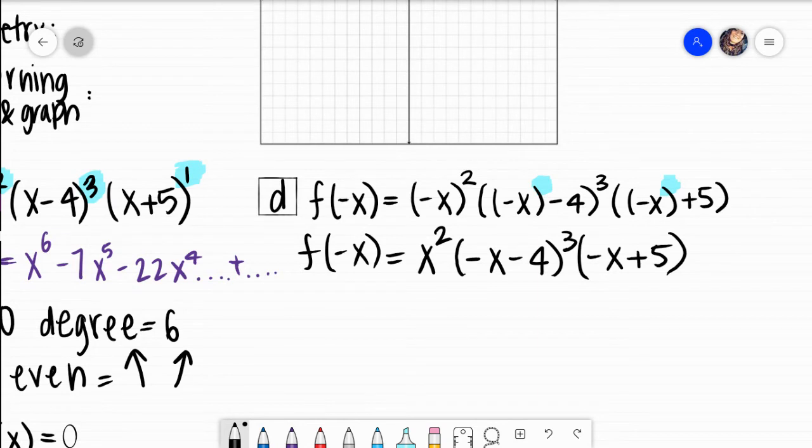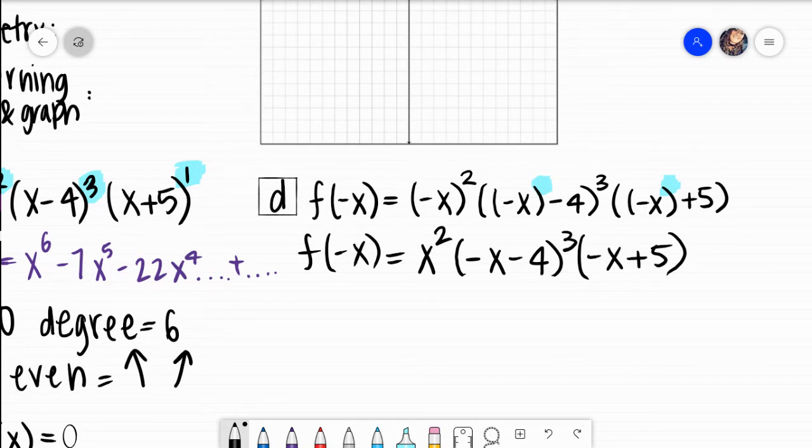Looking at this, I noticed that some things did change, but not everything changed. The variable with my middle factor is now a negative variable, and the variable with my last factor is now a negative variable. But that leading variable, the x squared, in my original function was x squared, so the sign stayed the same.